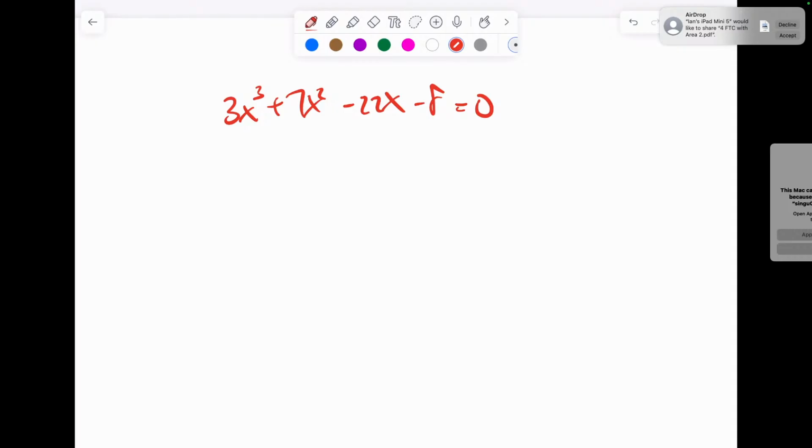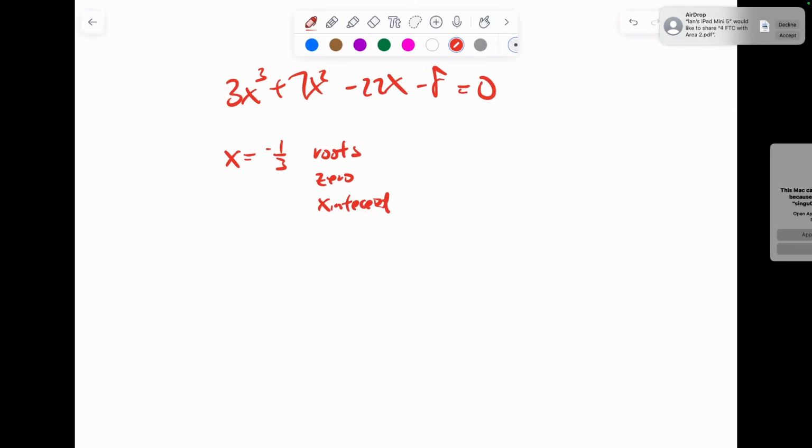Thank you. All right. So here, they say x equal to -1/3 is a root. A root also means zero, also means x-intercept. Hopefully you know that. So if I plug in -1/3, it should result in 0.